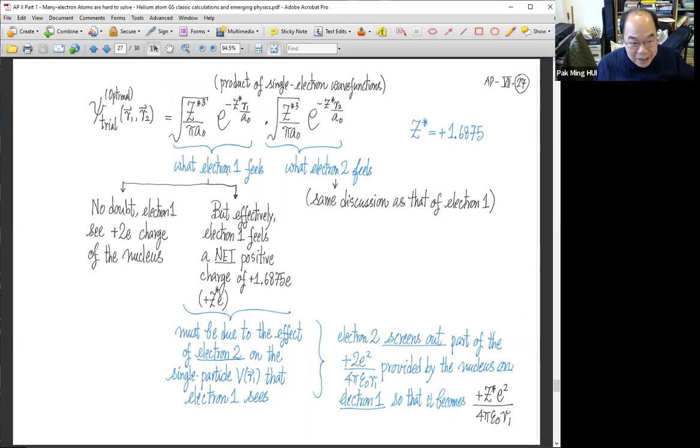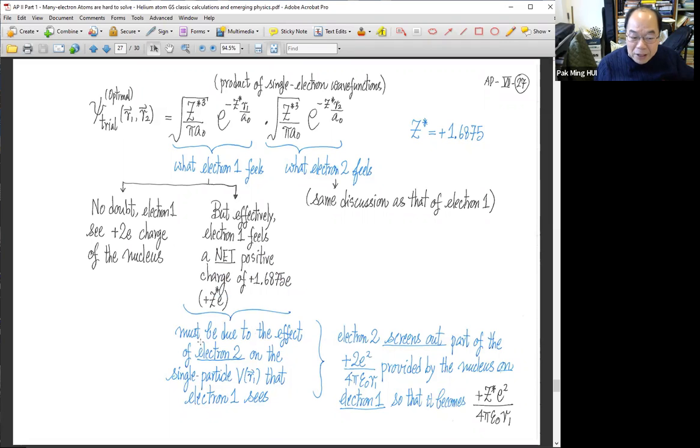So what it says is that electron number 1 sees a +2e nuclear charge. But effectively, it doesn't see the full +2e; it only feels a net positive charge that is a number less than 2. So it is +1.6875 after our calculations.